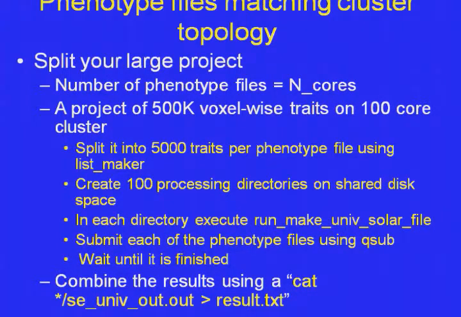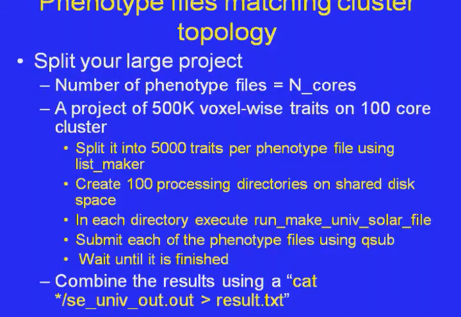So for a project of 500,000 voxel-wise traits on a 100-core cluster, you'd split it into 5,000 traits per phenotype file using the list maker program. Then you create 100 processing directories on a shared disk space. In each directory, you execute the run make univariate solar file script, and then submit each of the phenotype files using qsub, and just wait until it's finished. And then you can combine the results using a simple concatenation command.